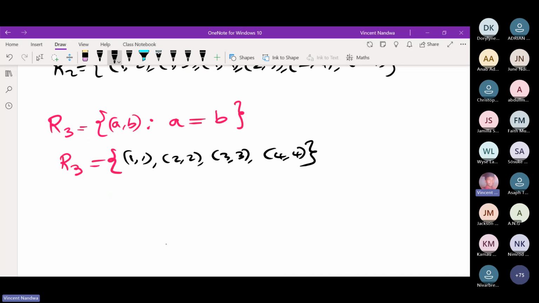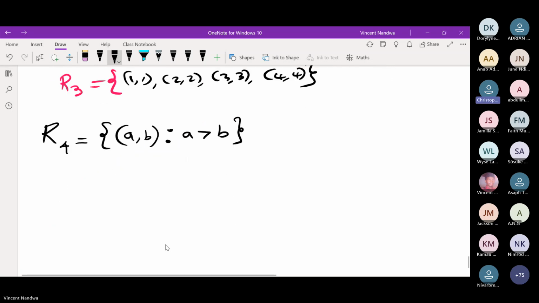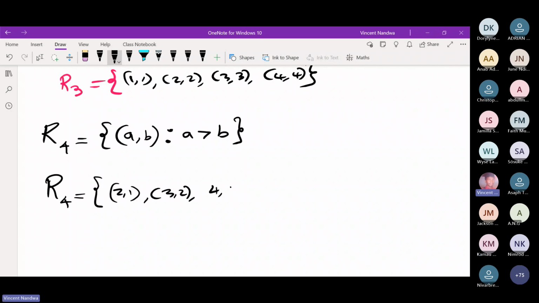And then if we have a relation R4 with the condition, it has elements (A, B), such that A is greater than B. Can we list all the elements of R4? (2,1), (3,2), (4,3), (4,1).